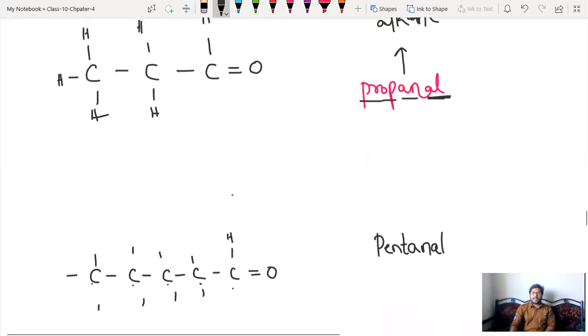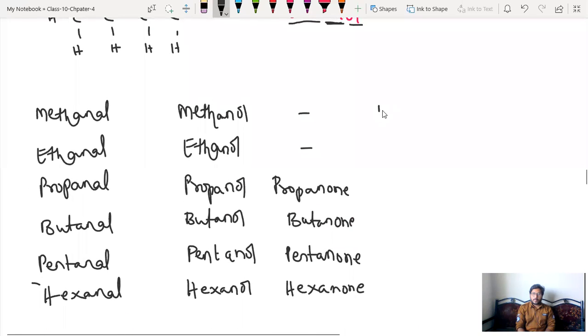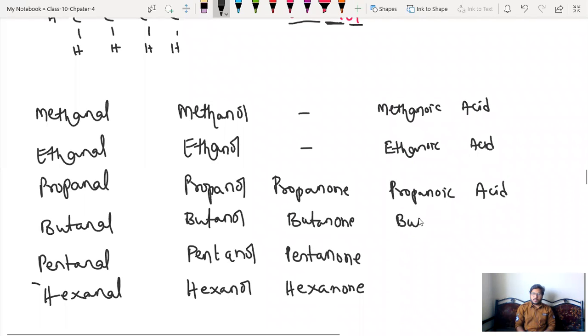So like that, we can write for methanoic acid, ethanoic acid, propanoic acid, butanoic acid, pentanoic acid, and we get hexanoic acid too, and so on.